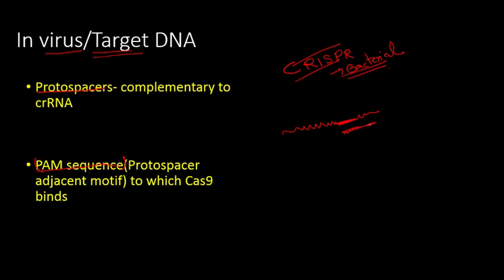Just imagine this to be the repeat area, and this the tracer RNA. The color is not that, but just imagine that. So this is the protospacer. The protospacer is the part of the viral genome that base pairs with, or is complementary to, the spacer of the CRISPR RNA.